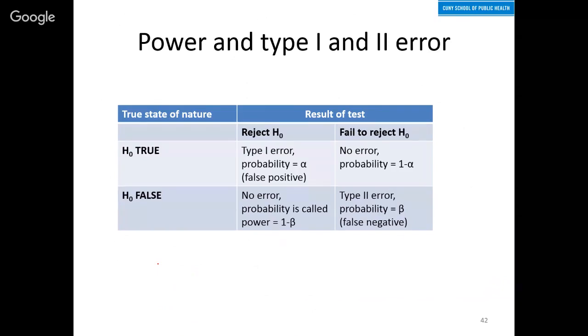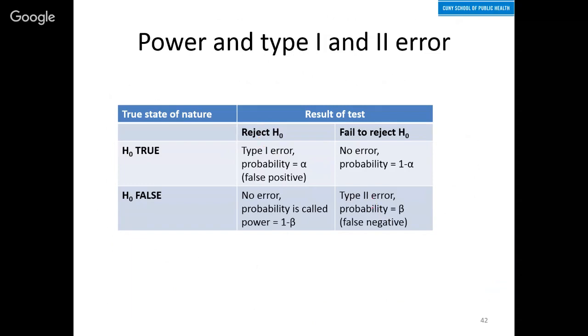I just want to point out here, I showed you this slide before on the example of the courtroom trial, but I just wanted to add to this. There's the type 1 error, which is when you reject the null, but it was true.